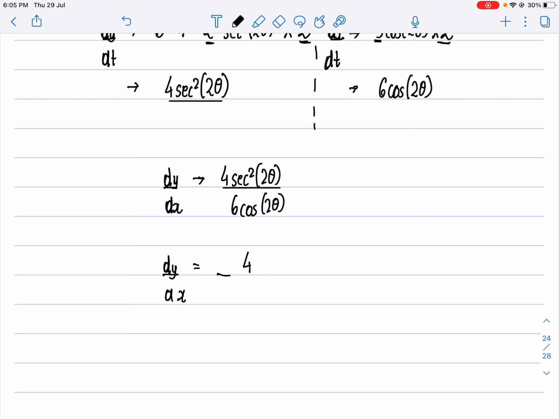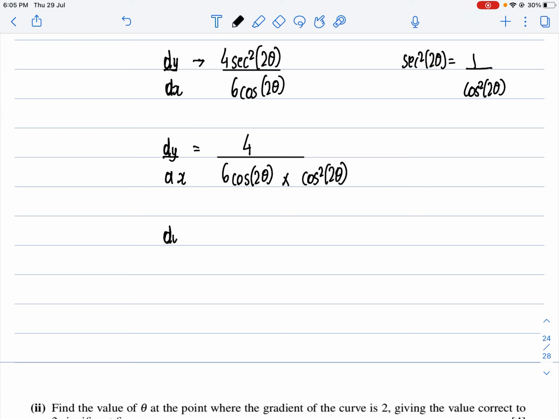So I can write this as 4 divided by 6 cos 2 theta multiplied by 1 over cos square 2 theta. I can simply multiply cos square 2 theta here.